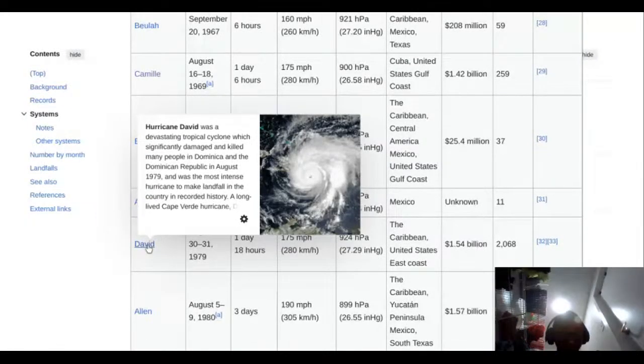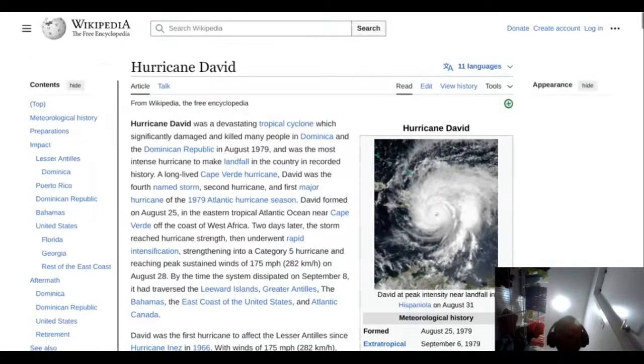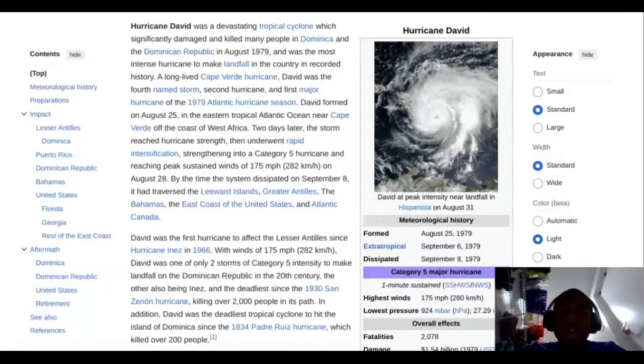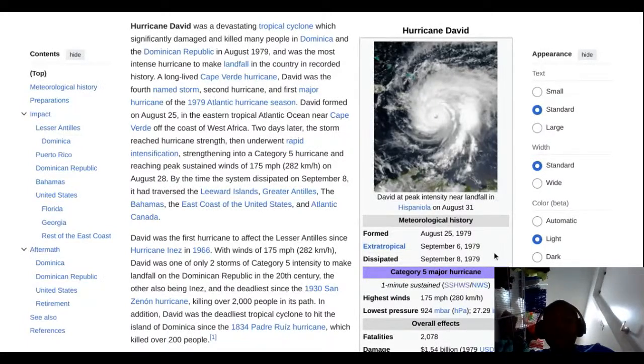So let's talk about Hurricane David. Hurricane David formed on August 25th, 1979. Extratropical was formed on September 6, 1979, and it dissipated on September 8, 1979 as a Category 5 major hurricane.